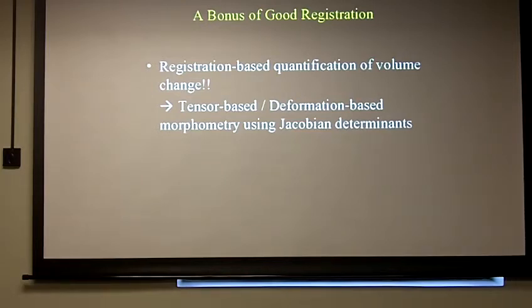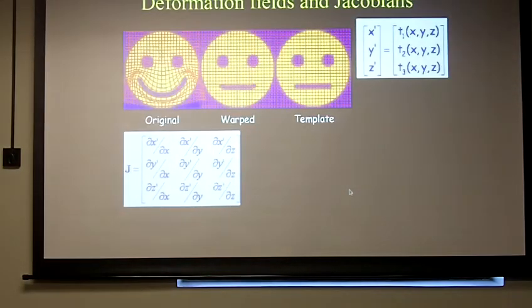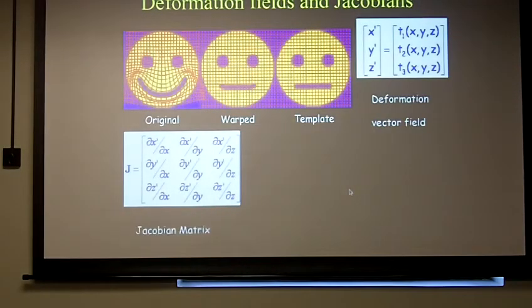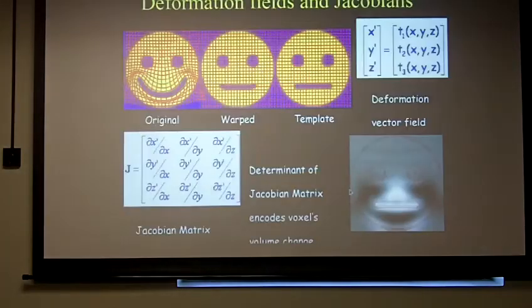Deformation is the amount of transformation. That sounds much better. So let's say this is the original brain, and this is the template brain. This is actually a smiley.